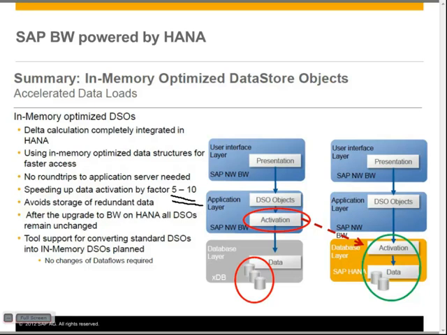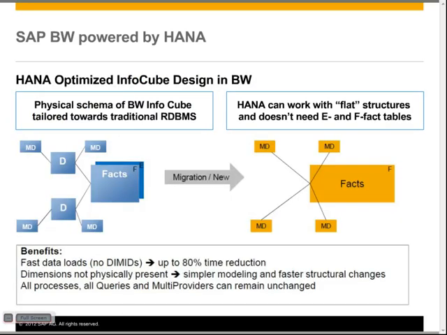After the upgrade to BW on HANA, all DSOs actually remain unchanged. We have a tool for supporting converting standard DSOs into in-memory DSOs planned for the future. So the benefits might give us up to 80% time reduction.